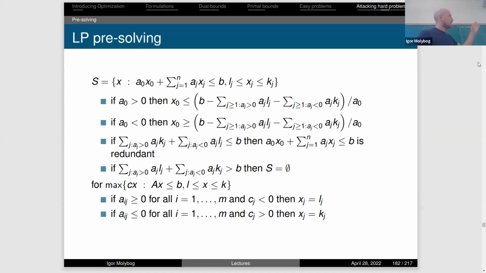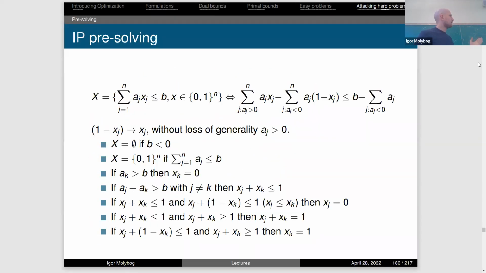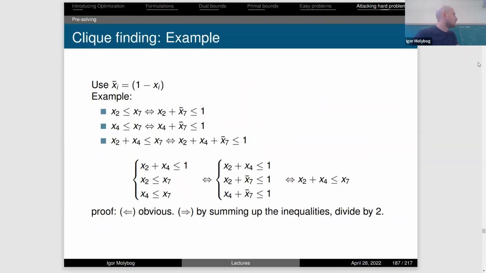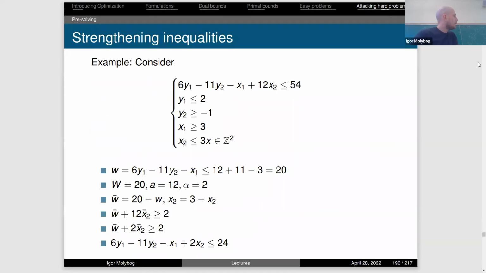So this LP pre-solving and also the IP pre-solving techniques are quite important, and I suggest you review the exact points on this list, how exactly we were doing it. We have seen also the strengthening inequalities.